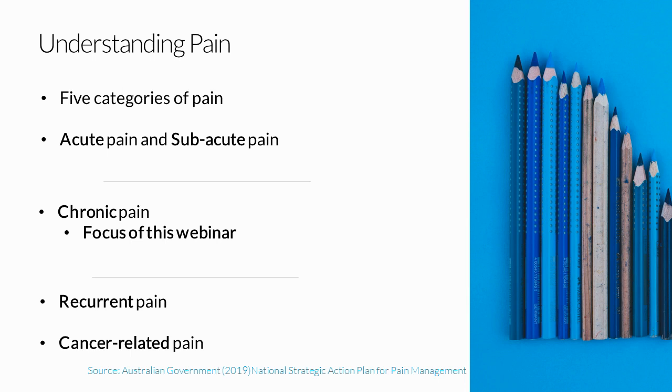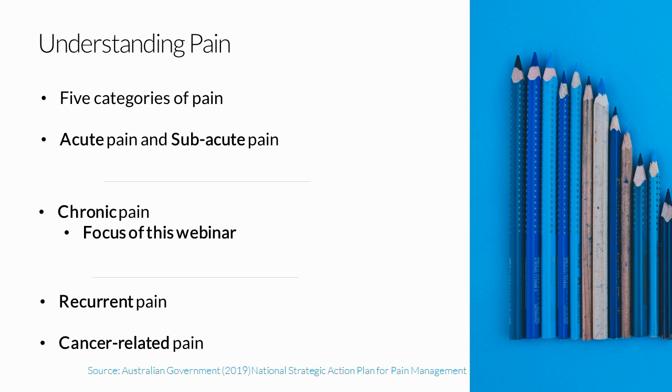Firstly, acute pain. Acute pain is defined as a normal and time-limited response to trauma or any other noxious experience, including pain related to medical procedures and acute medical conditions. Acute pain can also arise from physiological causes, such as childbirth or injury.